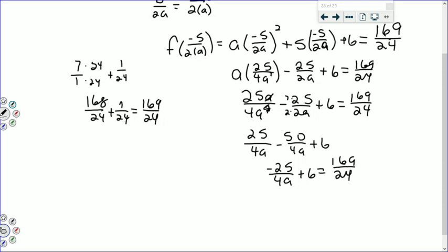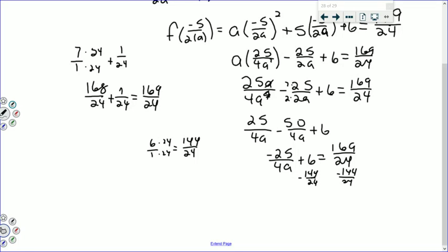So if we subtract 6 from both sides, let's see, if we make 6 over 24, we say 6 over 1 times 24 over 24. We're looking at 120 plus 24, so 144 over 24. Okay, so 144 over 24. So we're going to subtract 144 over 24 from both sides.